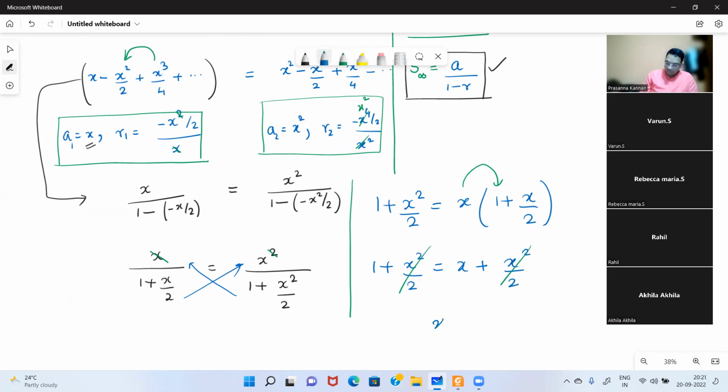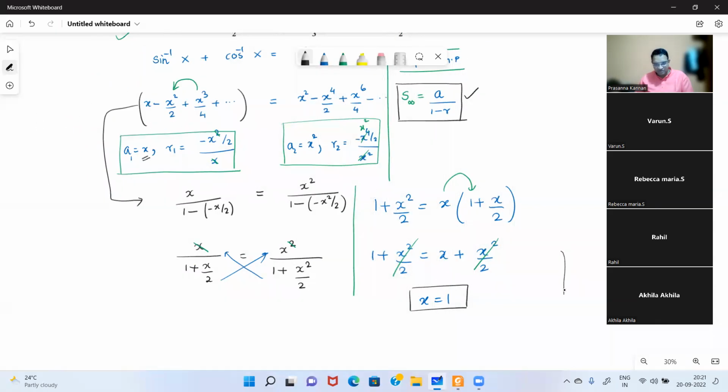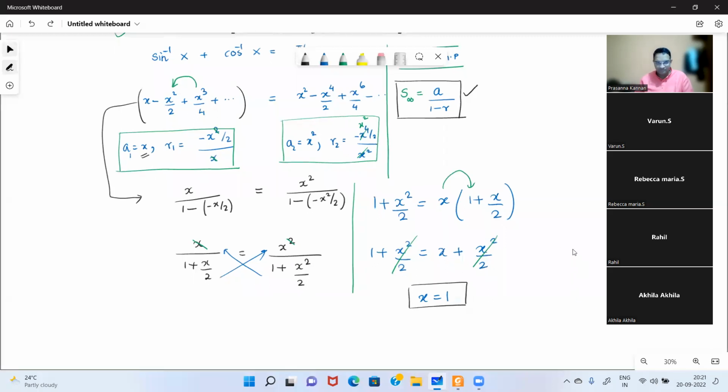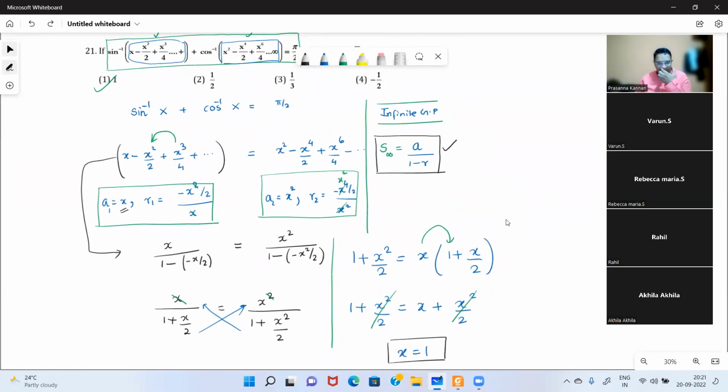Therefore, x becomes equal to 1. That's the answer, which you could have predicted from the options itself. That's the best way of answering this question, but this is the procedure. Clear?